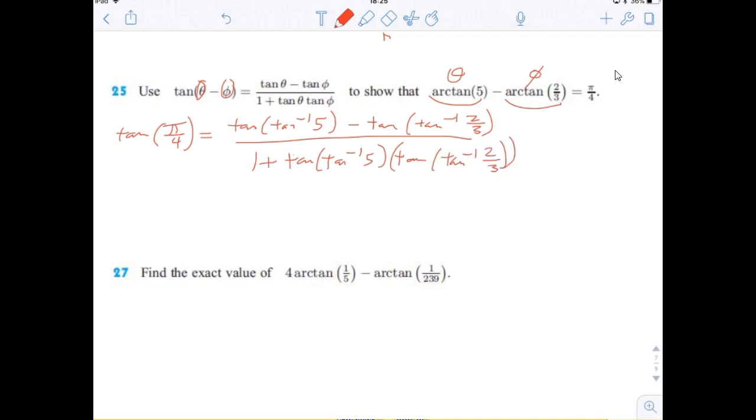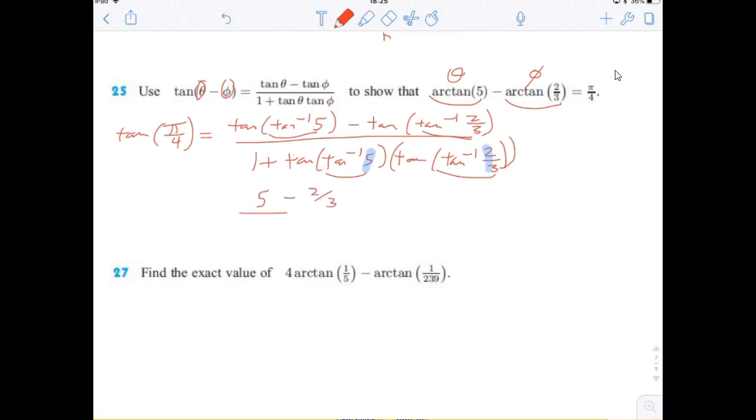Notice that 5 and 2/3 are both positive numbers, so those should lead to angles in the first quadrant. When I take the tangent of those angles in the first quadrant, I'll get positive ratios back. So by doing the tangent of inverse tangent of 5 or of 2/3, I just get back 5 and 2/3.